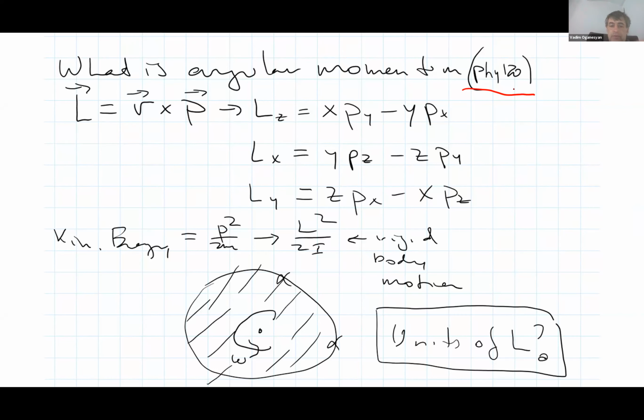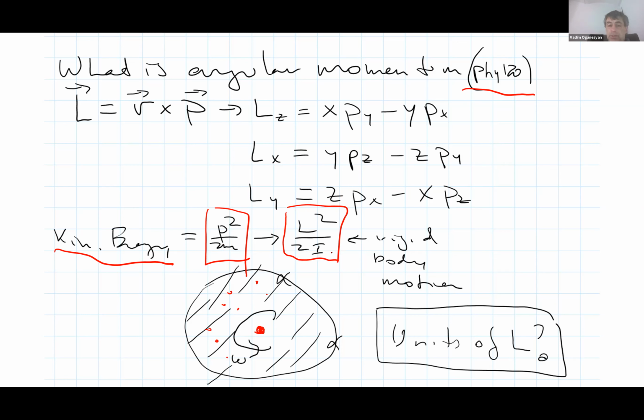You find out that the kinetic energy, which is our beloved p squared over 2m, for a rigid body that's rotating around some origin, can be massaged, if you think about a rigid body made up of little masses, and think about p squared over 2m in those terms, you can rewrite it as a similar looking expression, which is L squared over 2I.